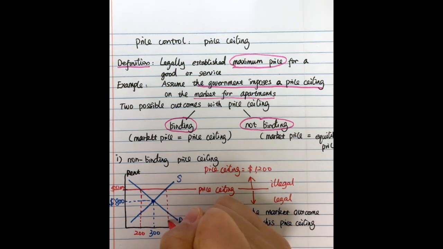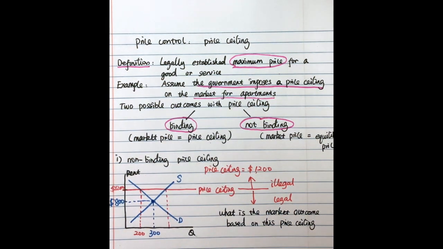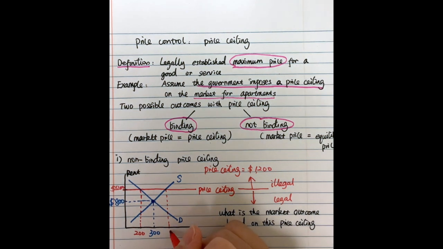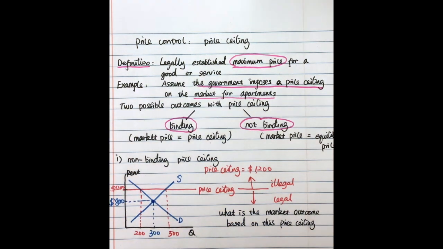However, as the rent increases, more people would like to put their apartments in the market, so maybe 500 apartments will be available.